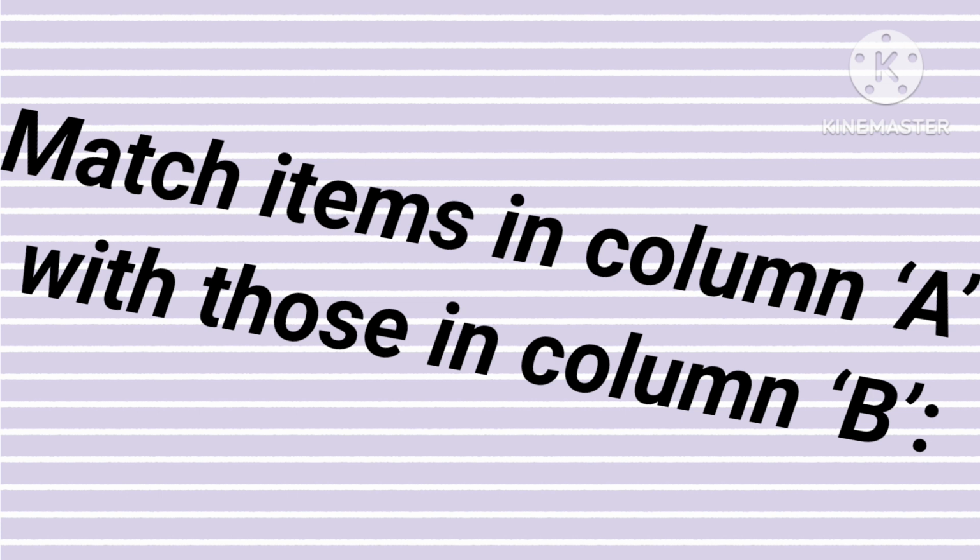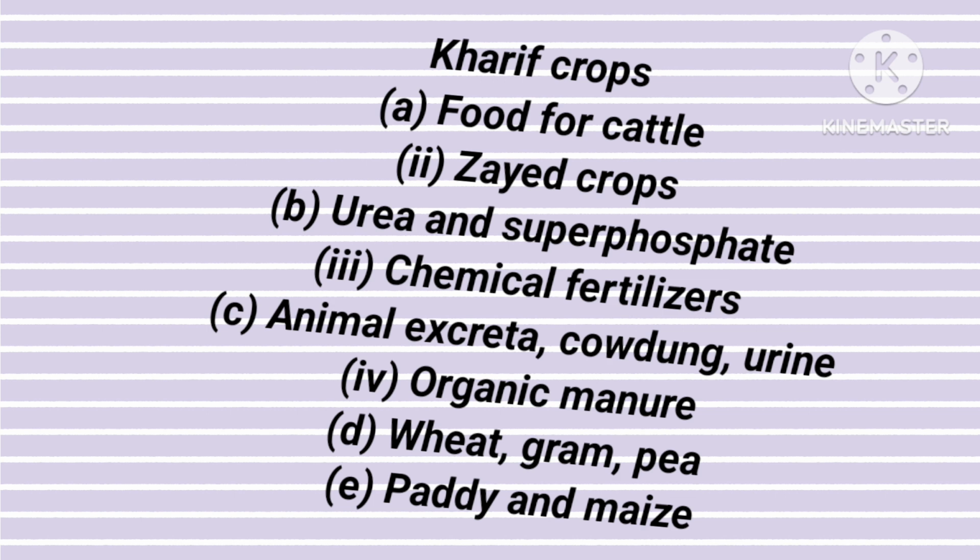Match the items from column A and column B. It is the match the following question and answers. Kharif, food for cattle, Zaid, urea and the superphosphate chemical fertilizers, animal excreta, cow dung, urine, organic manure, wheat, gram, pea, paddy and the maize.